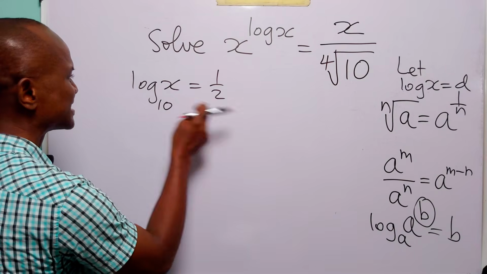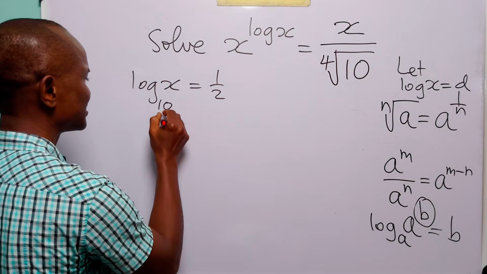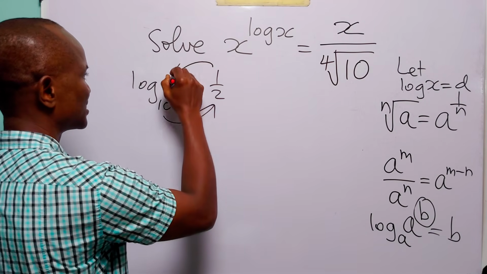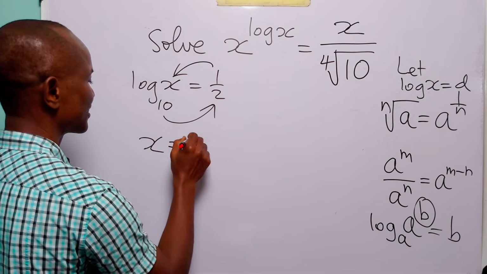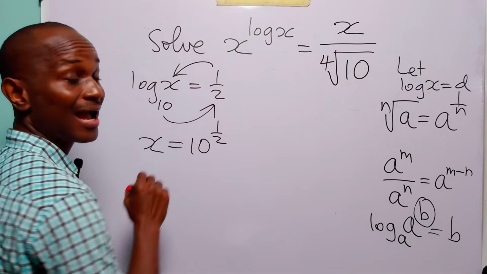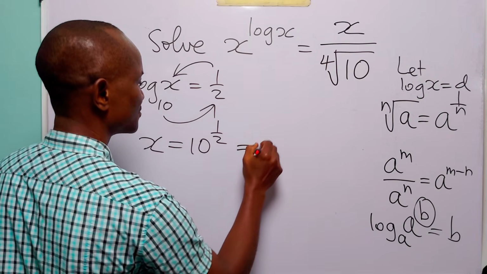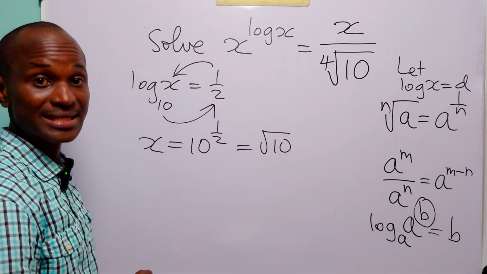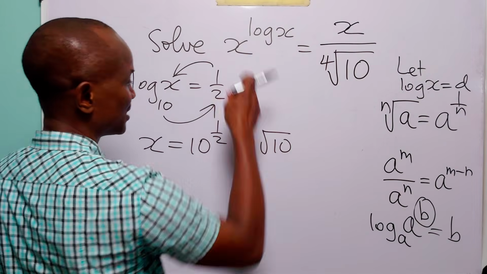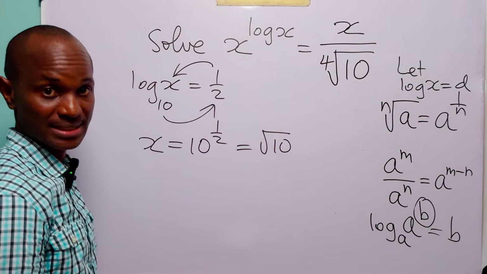When we have a statement like this, it simply means that 10 to the power half is equal to x. So we have that x is equal to 10 to the power half, which is equal to the square root of 10. So the value of x that satisfies this logarithmic equation is root 10.